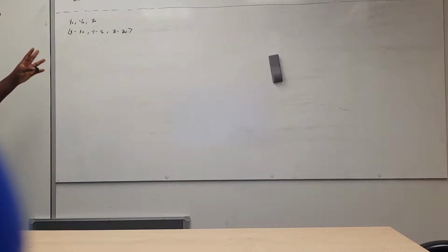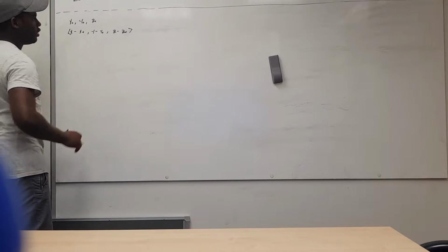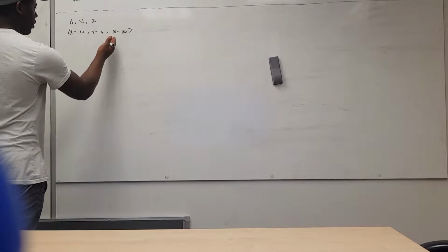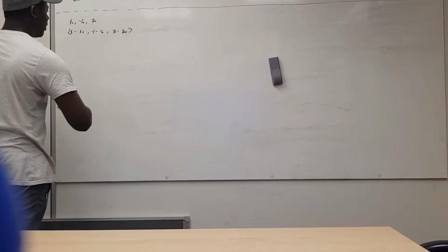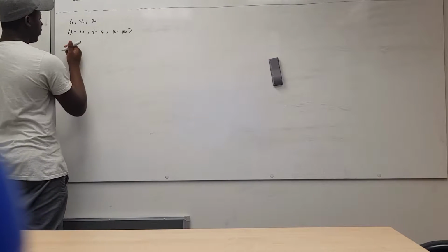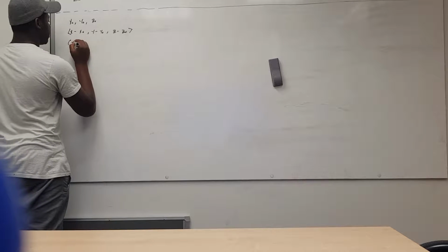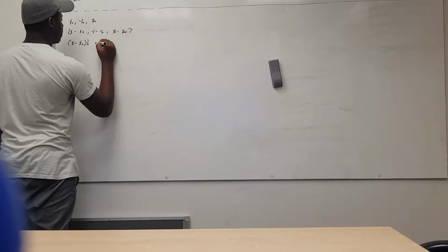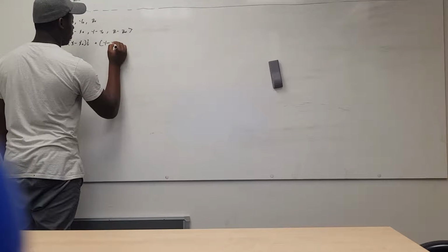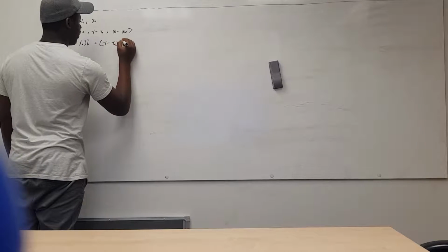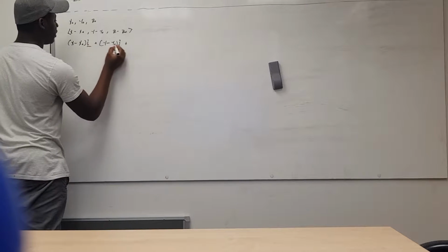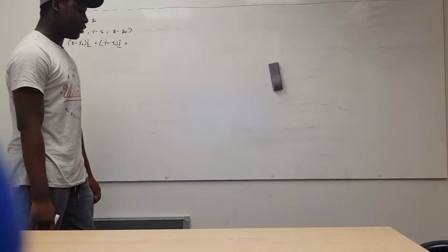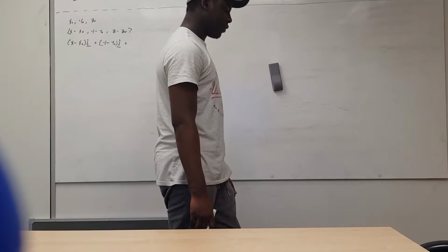Basically, there are two ways of writing a vector: using the standard basis vectors or using brackets. So you can write it as x minus x naught i plus y minus y naught j plus z minus z naught k. These are standard basis vectors. We'll talk about that when I'm doing my video series from tomorrow.